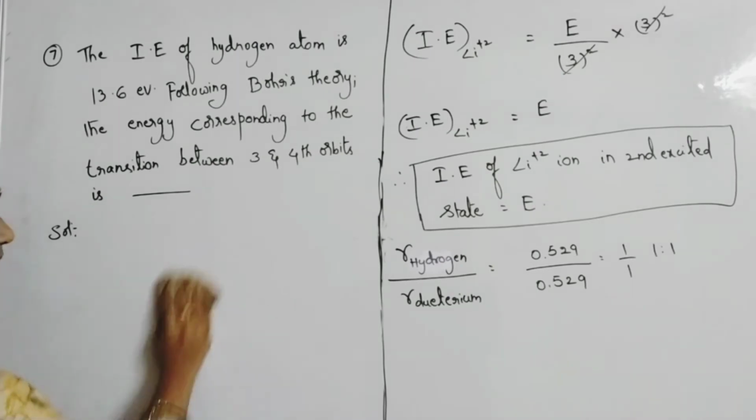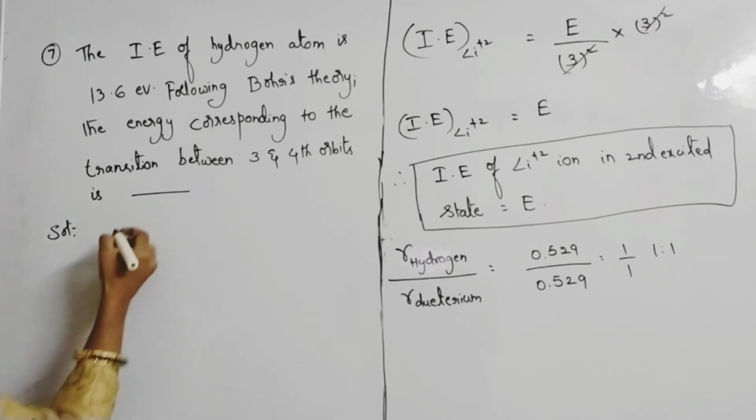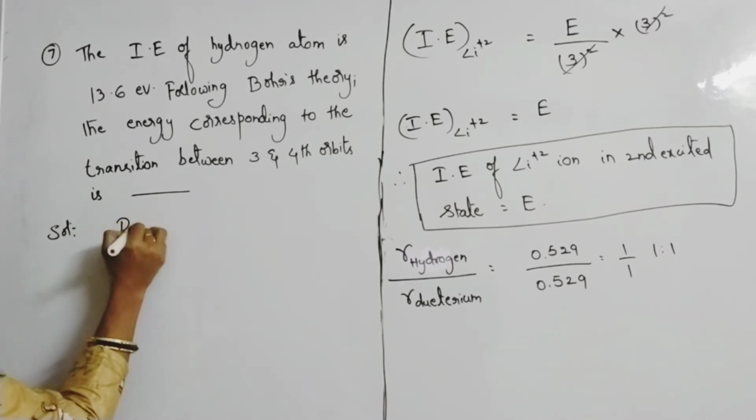So again, what formula will you be using? Energy is given by E equals minus 13.6 into Z square by N square. You have this formula. Recall.